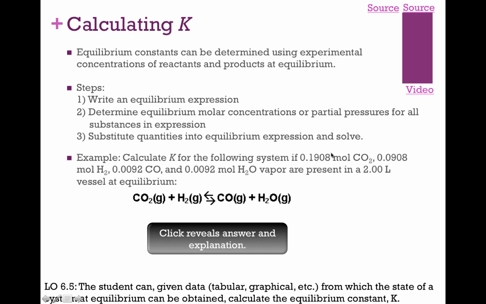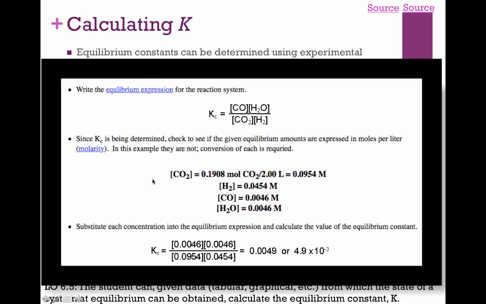Concentration. So that means make sure if you're given moles that you solve for concentration for each one of these. This says that these are all of your amounts at equilibrium, so we don't have to really even worry about an ICE table, because they already gave us our equilibrium amounts. We just need to convert to concentration, and then we plug all of our concentrations in to solve for K.